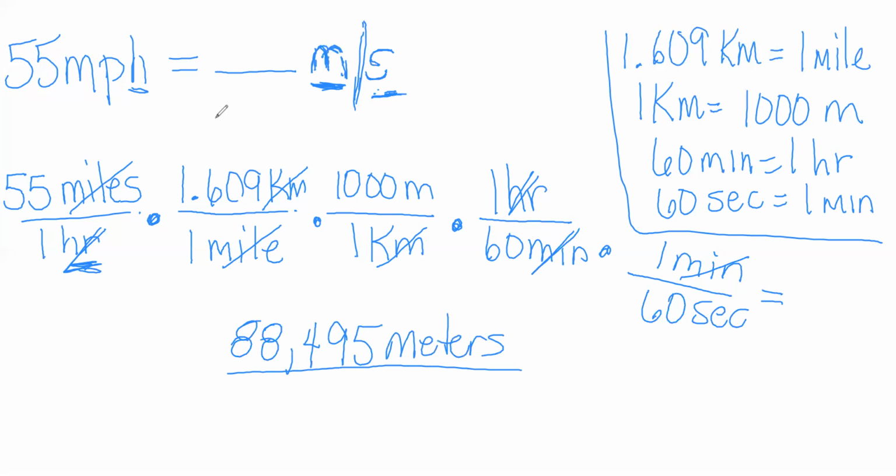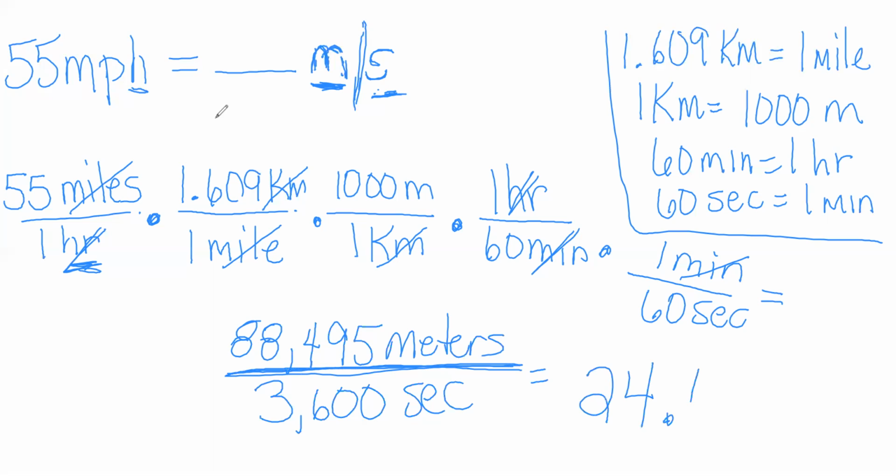The 60 times 60, which is going to give you 3,600 seconds. We don't want to leave it like that. So what you're going to do is treat this big fraction as a division problem. Again, you're going to put 88,495 into your calculator divided by 3,600. And you should end up with 24.6, and that's meters per second.